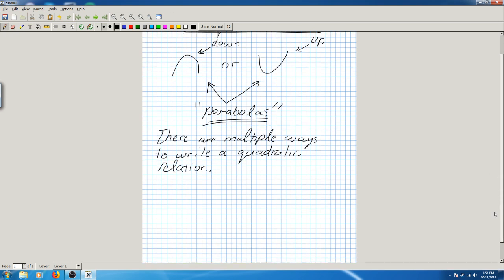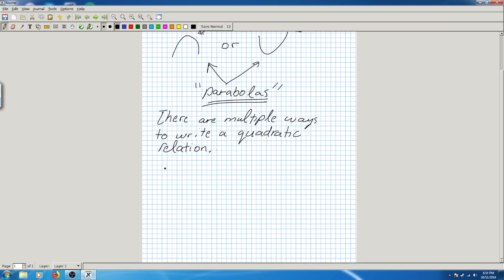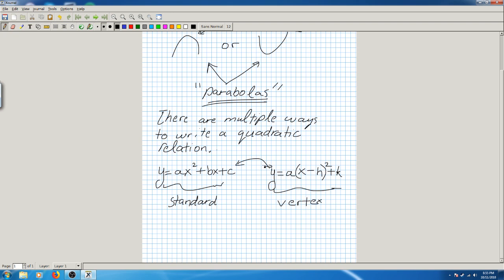So, the first way is, as I said, standard form. So it's y equals ax squared plus bx plus c. This guy is called standard form. Then there is another form called vertex form. But these two guys represent the same type of curve.